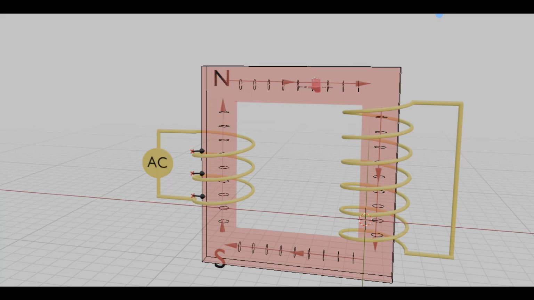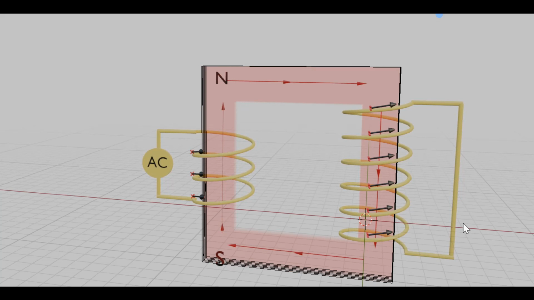So let's have a look at the secondary coil now. First we can see the changing magnetic field within the whole iron core, including this important section. And now we'll introduce Lenz's law.